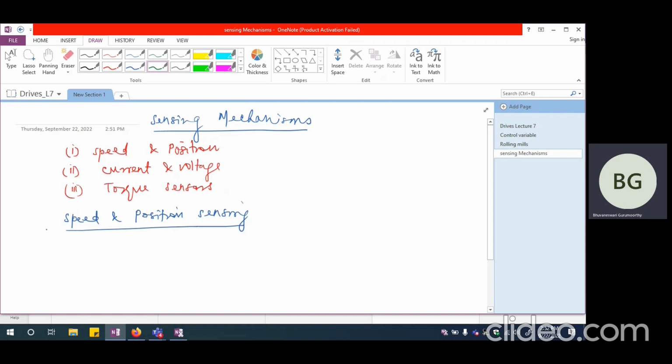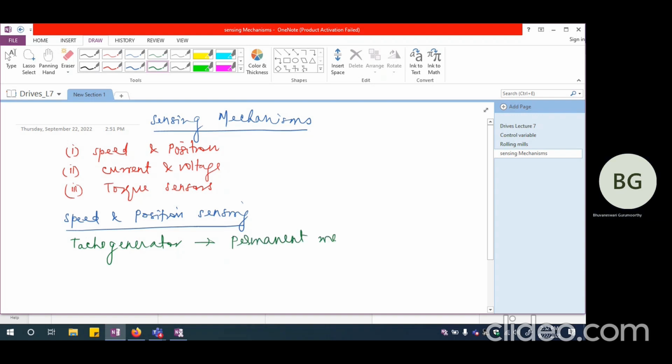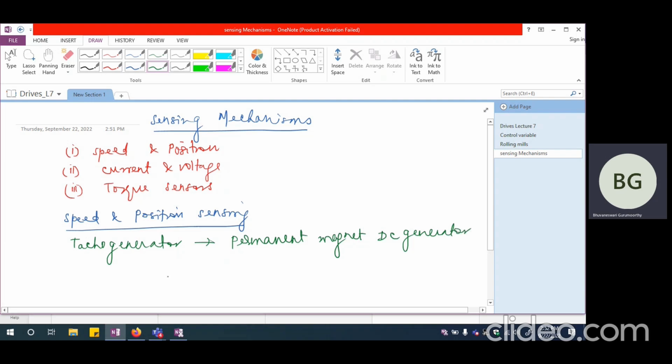So for speed sensing, conventionally what we use is a tacho generator. A tacho generator basically is a permanent magnet DC generator, which would generate a very, very small amount of voltage for thousands of RPM. So let us say this is the motor whose speed I want to sense.